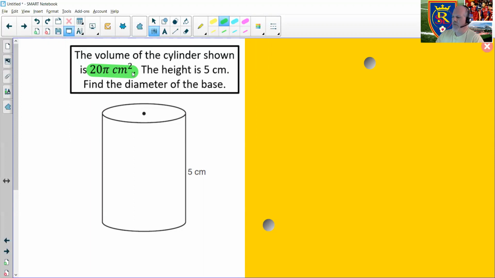The height is given as 5 centimeters, and we're asked to find the diameter. So we want to find the diameter of the base, and the diameter is the distance all the way across the circular base. So this one is a little bit different because we're given the volume.